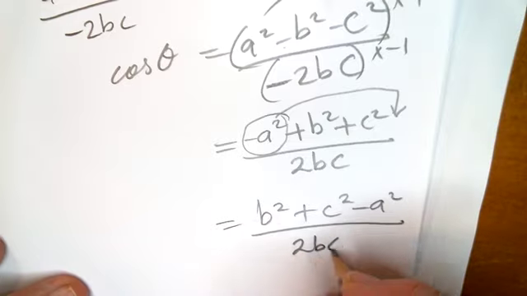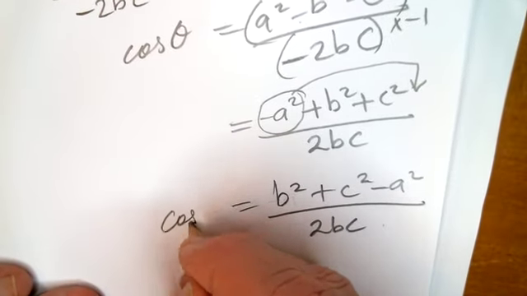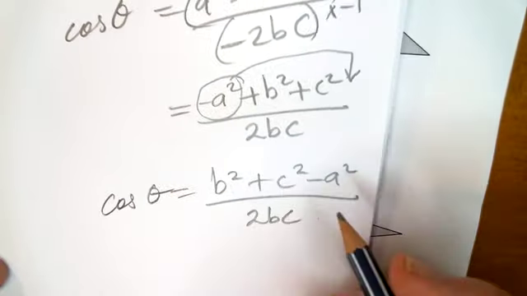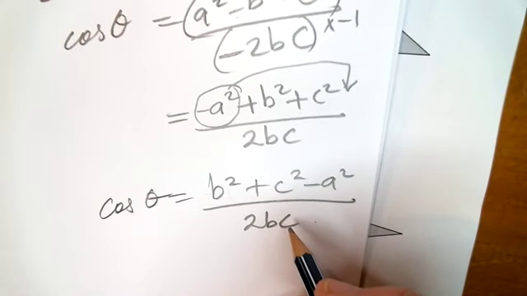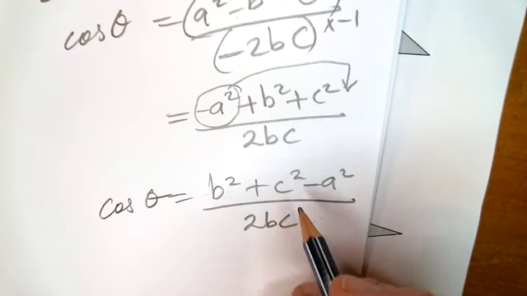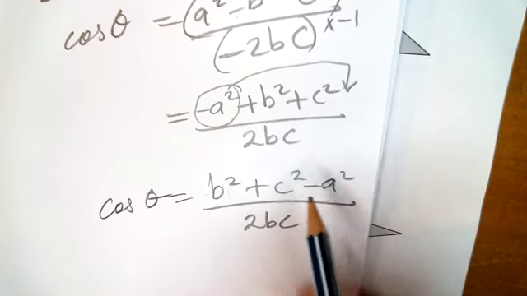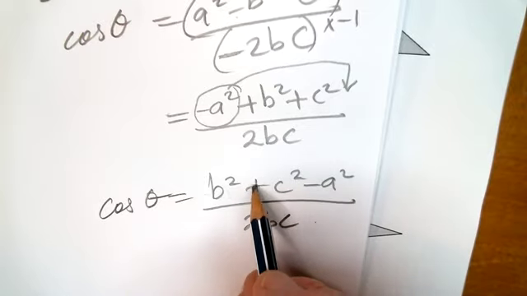Okay, so now we've got cos theta is equal to b squared plus c squared minus a squared over 2bc. The nice thing about this is we've now got only two signs. So we've got a plus and a minus.